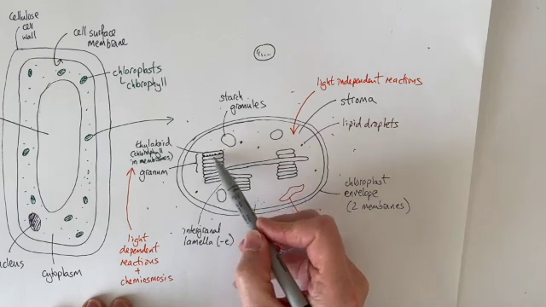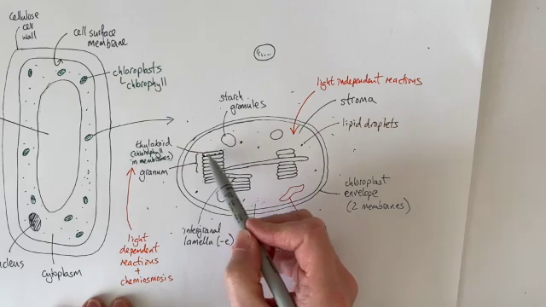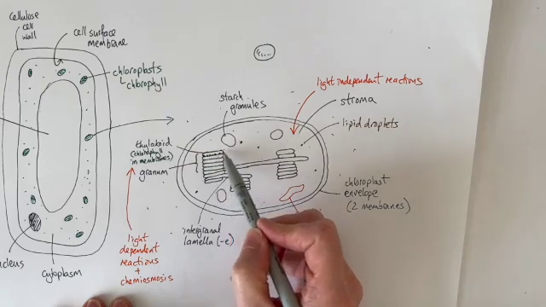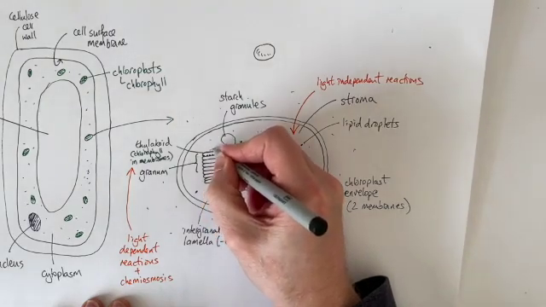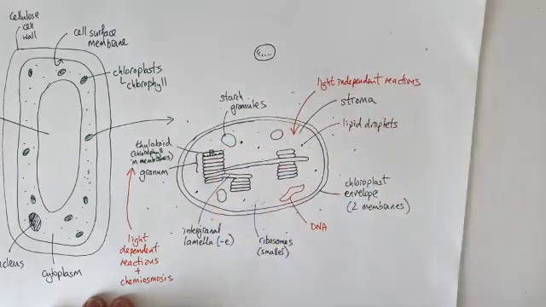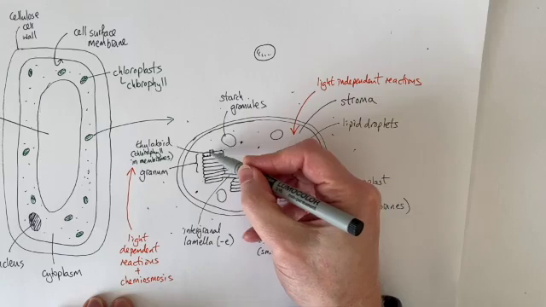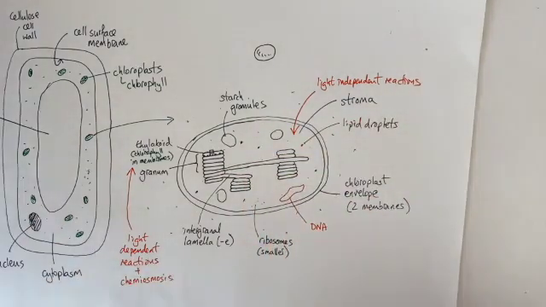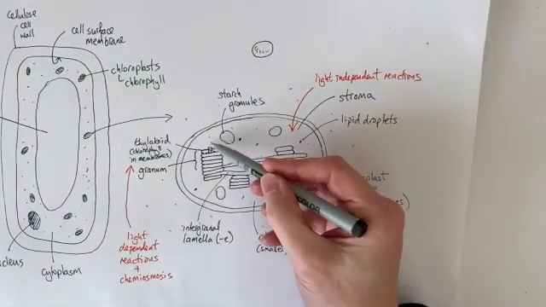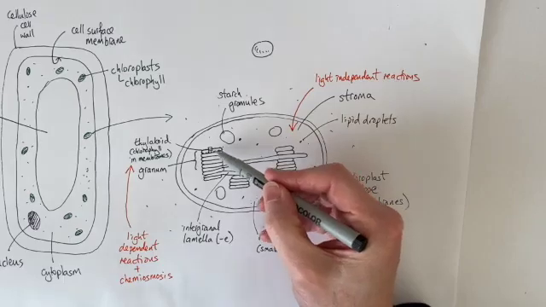So there is one thylakoid, there's another thylakoid making up a granum. Let's just concentrate on this one thylakoid, and in fact, let's just concentrate on that one particular area, the top. So we're going to zoom in and look at the thylakoid membrane, and we're going to look at the stroma and the lumen of the thylakoid, the space inside the thylakoid.